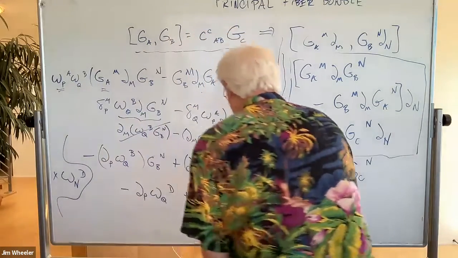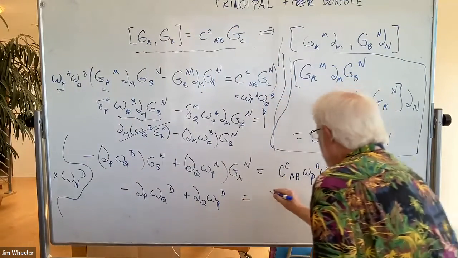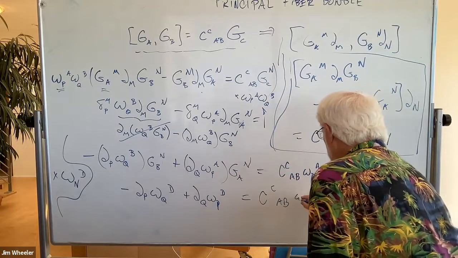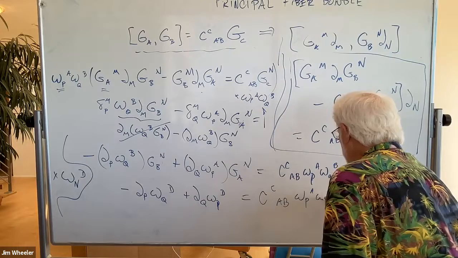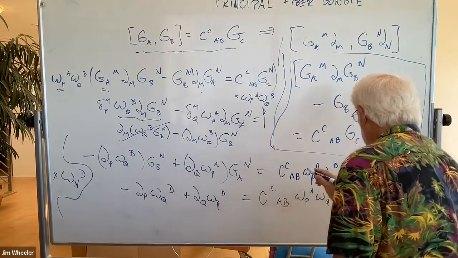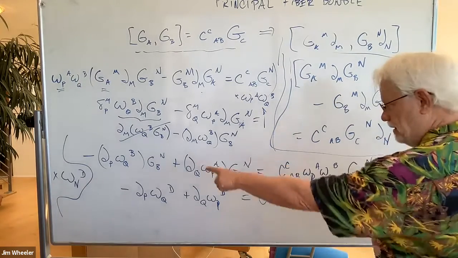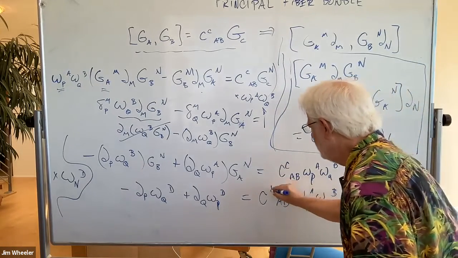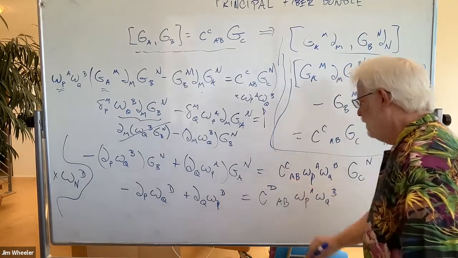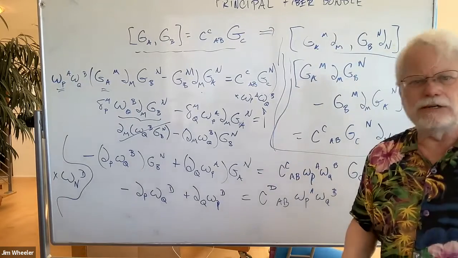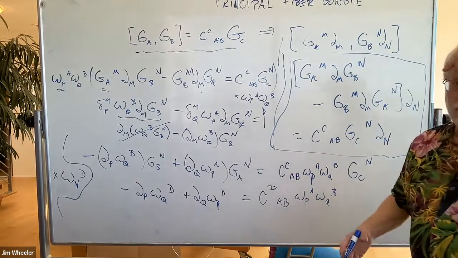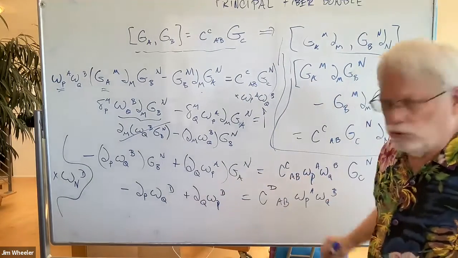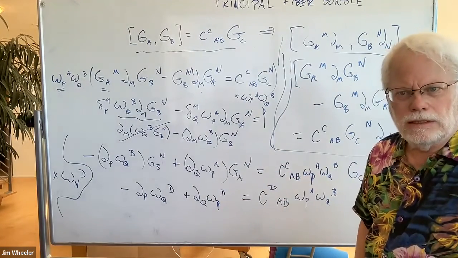Then on this side, I have a structure constant C^C_AB, then omega_P^A omega_Q^B. And now the omega_N^D gives me a Kronecker delta_DC that's going to change this C to a D. And now I've expressed the commutator of the Lie algebra, the Lie algebra product in terms of the dual one forms, the omegas.